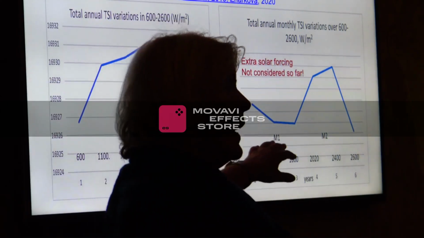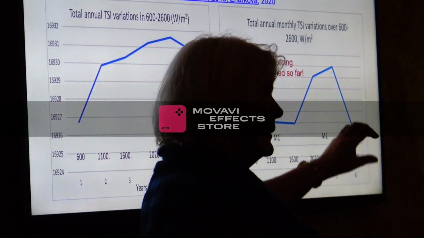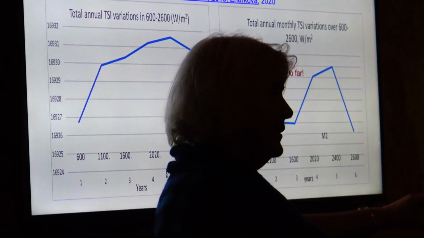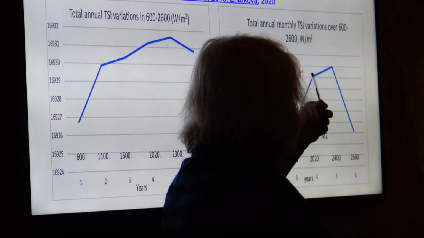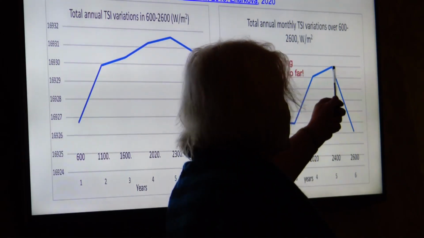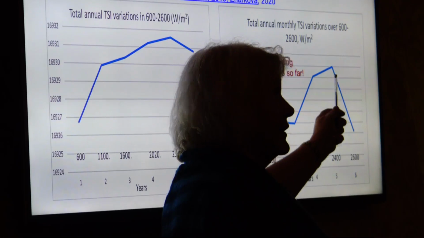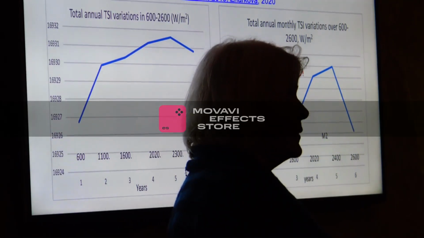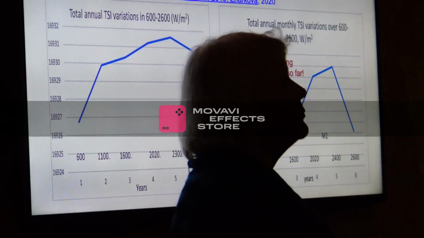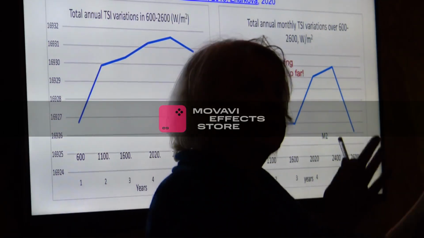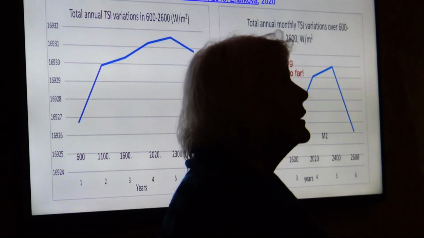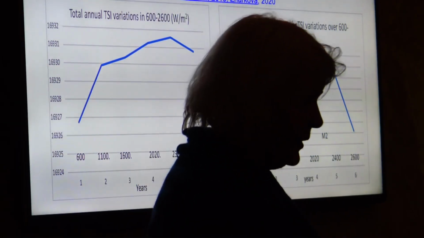But when I added every single day to each year, I discovered that from 2020 to 2400 the increase of irradiance is about 25 watt per square meter for the whole planet, maybe 12 watt per square meter for each hemisphere. This is why we're having this increase of the temperature.